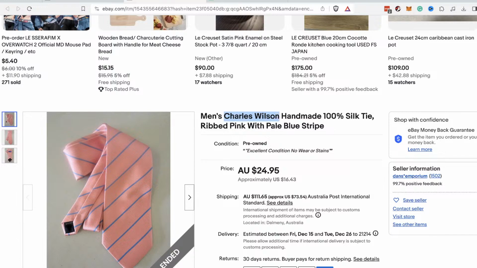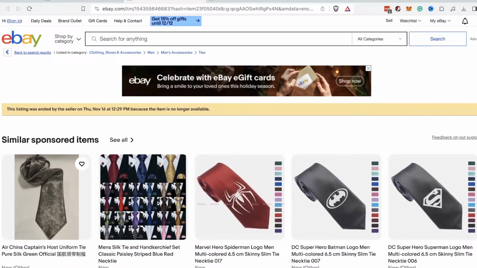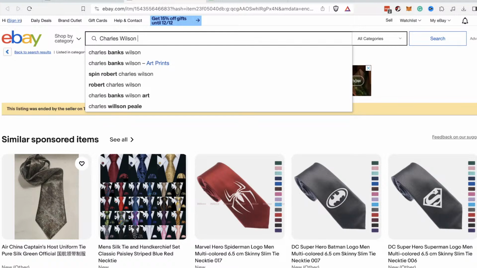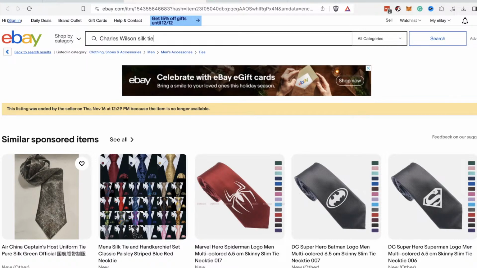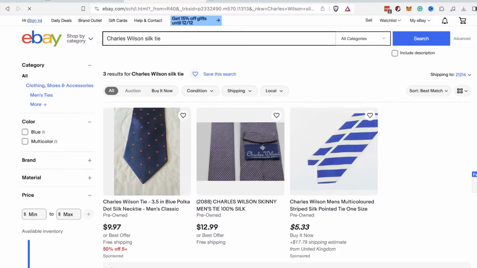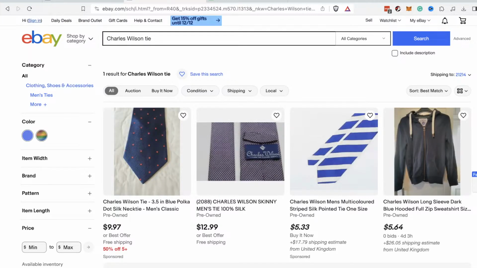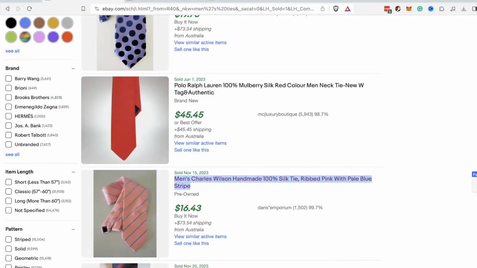I'm going to say Charles Wilson silk tie, because I don't really know. That's not a good one. Let me just try Charles Wilson tie. No, this is not a good brand to look at. That's the problem. Okay, let's try this.